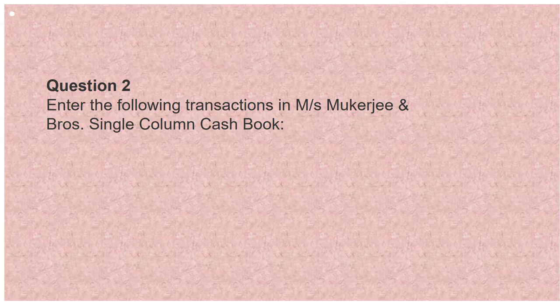The next question is: enter the following transactions in Messrs Mukherjee and Brothers' single column cash book. They have given you a question. You will have to prepare a cash book with a single column.